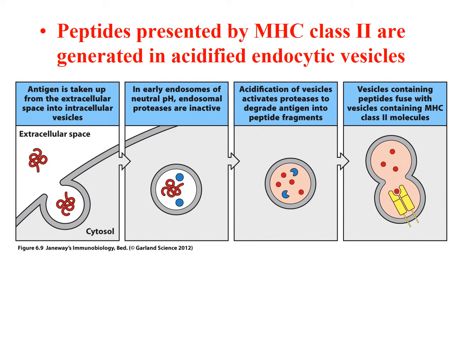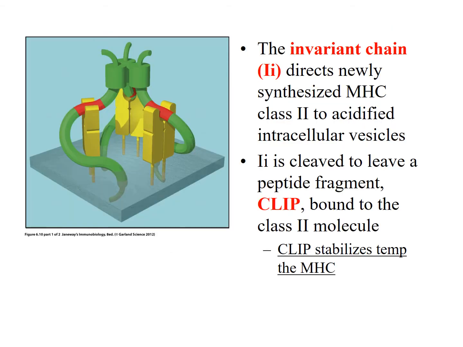And then, just like we talked about with class 1, random insertion and bouncing out of these peptides, these epitopes, until something is able to get in and stay in stably. Now, of course, it's not going to be that easy, and we'll see why. Because our MHC class 2 is also not stable without an epitope in it.